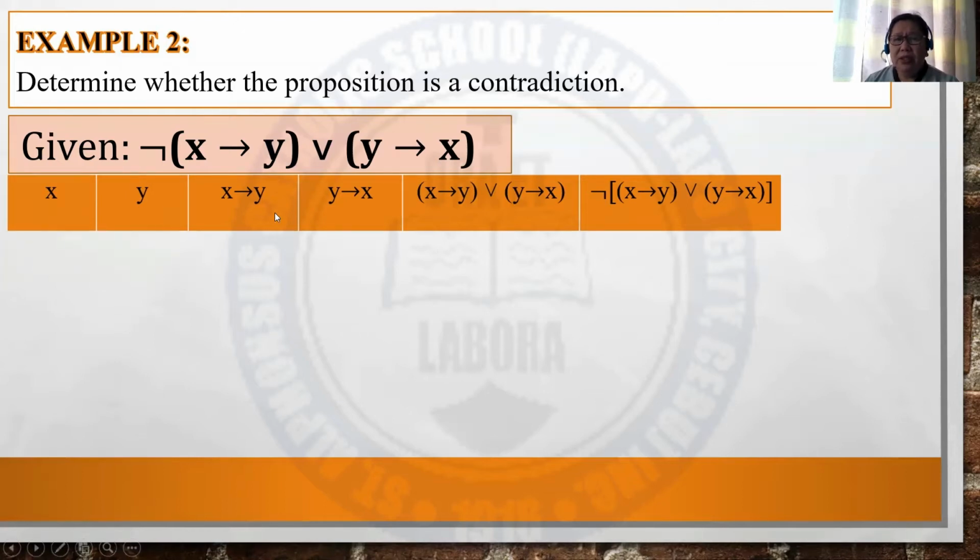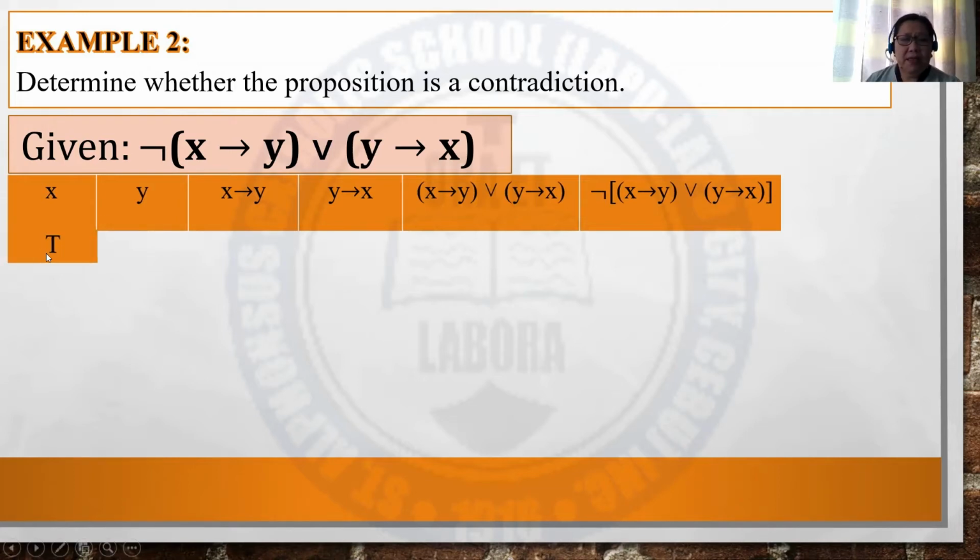Then third, the truth values of x implies y. Fourth column would be the truth values of y implies x. Then the fifth column would be the disjunction of the two implications. And then for the last column, we have the negation of the disjunction of the two implications.